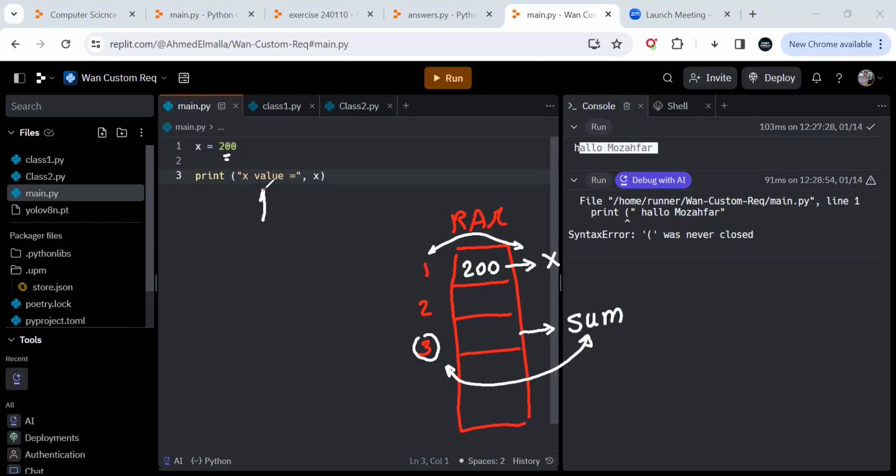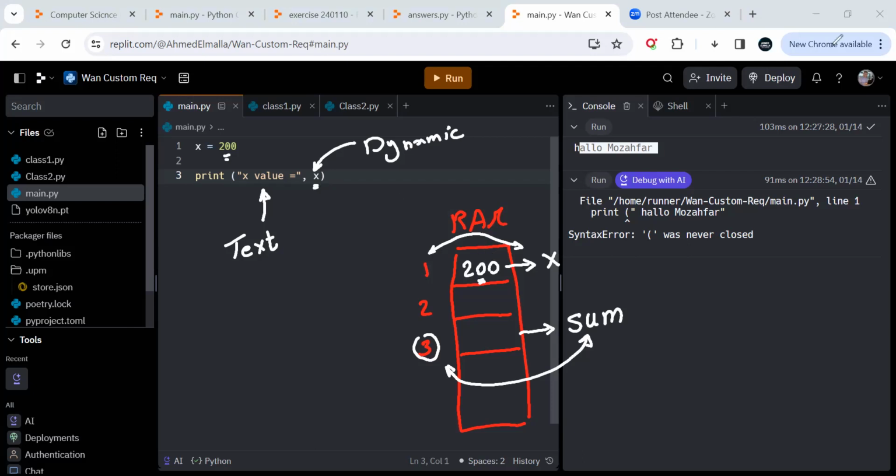One part is fixed text, just print it as it is. And this part is a dynamic part, so it has to go to the memory and search inside the memory, check whether there is a place in the memory called X. If there is, it will bring the value stored in X, which is 200 in this case, and put it here and print whatever is inside X.